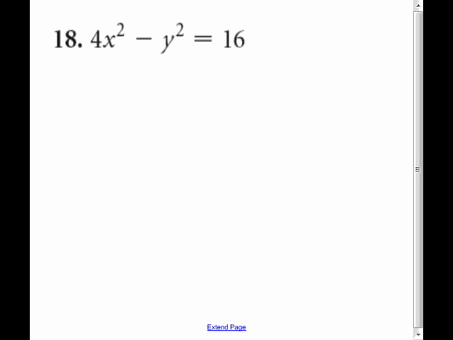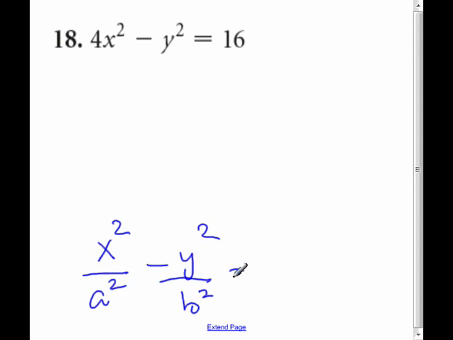And if y squared comes first, then a squared is always underneath that. Okay, so here's a sample question. They might say, hey, here's a hyperbola, tell me some information about it. And what I need to do is to be able to take this equation and make it look like the right kind of formula. So I need to make it look like this: x squared over a squared minus y squared over b squared is equal to 1. Right now in my equation I've got a 16 there.